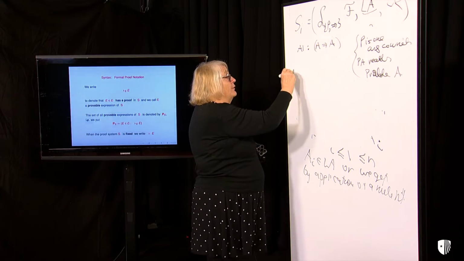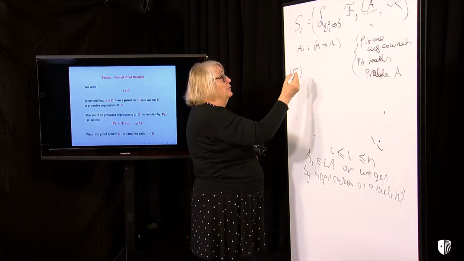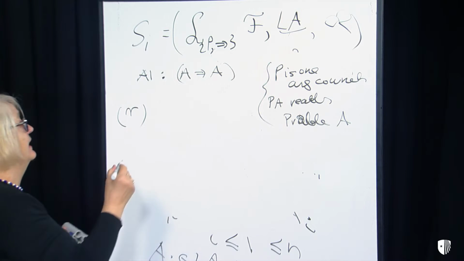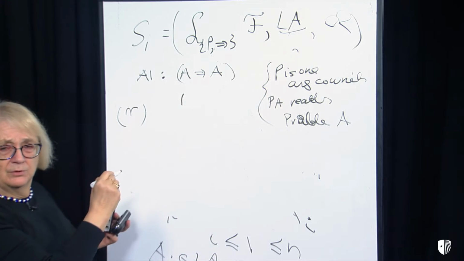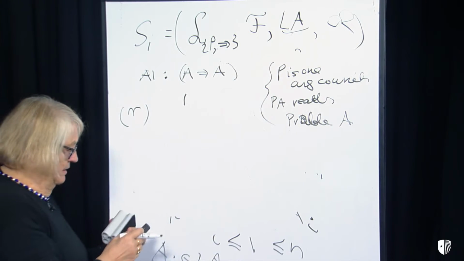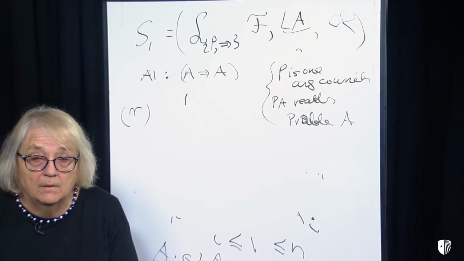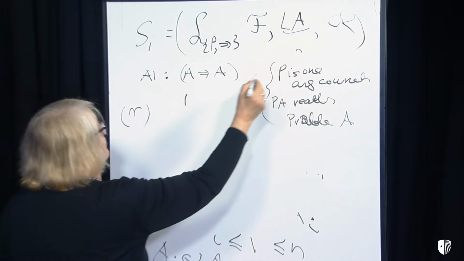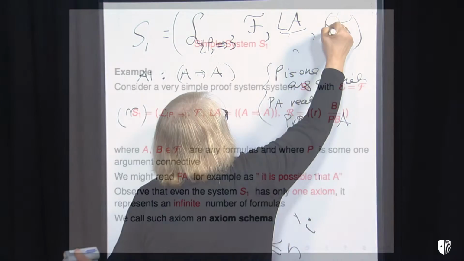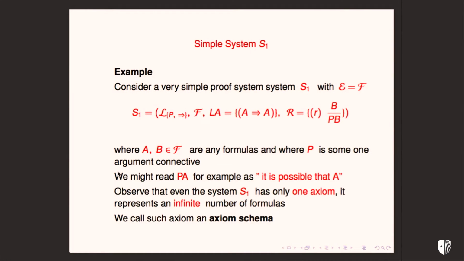And I have one rule of inference, which says that if I have a formula B, I can write PB.